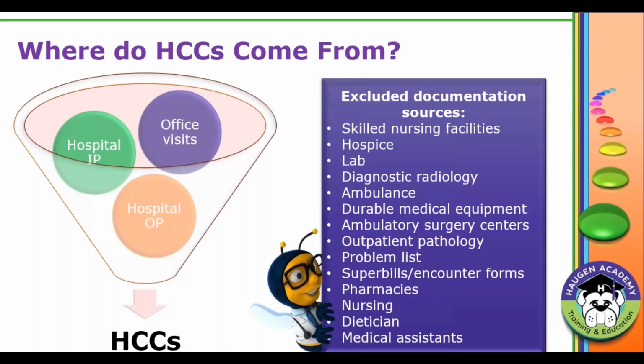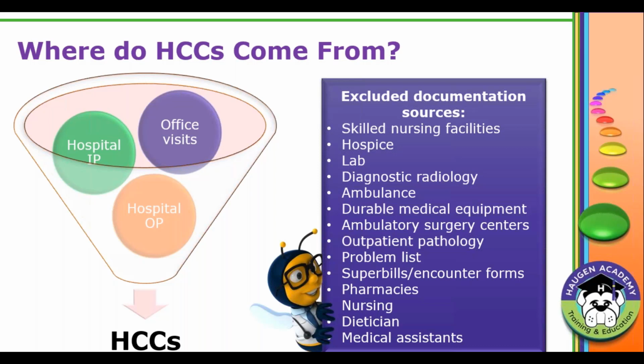This does impact hospitals as well, because HCC data is coming not only from physician office visits, but also hospital inpatient and outpatient. So everything that we are reporting on a Part C patient in a hospital is going into this patient's risk profile.